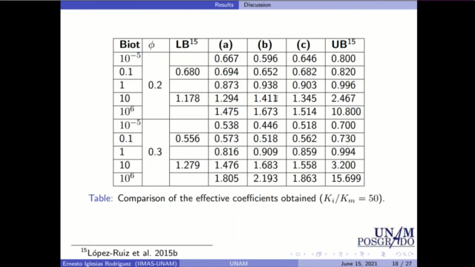And we want to know how these shapes affect the effective coefficients. In fact, for higher roundness, it can be seen that there is a higher value of these coefficients. Phi represents the concentration.